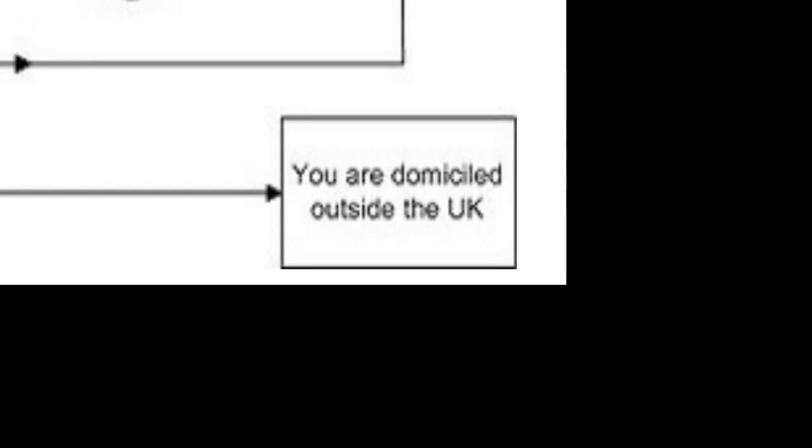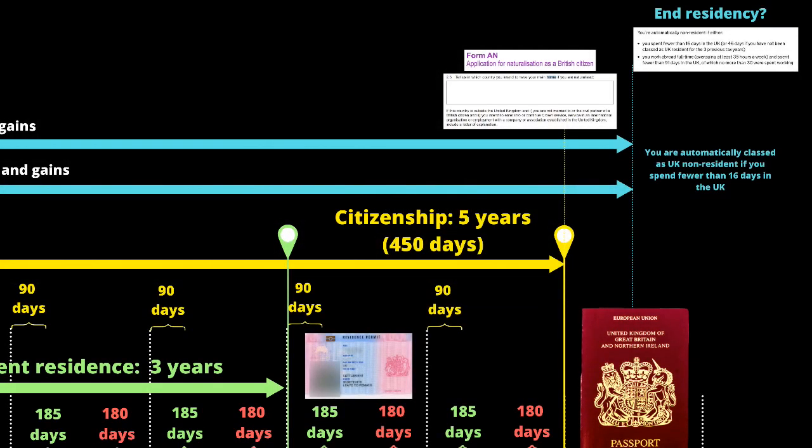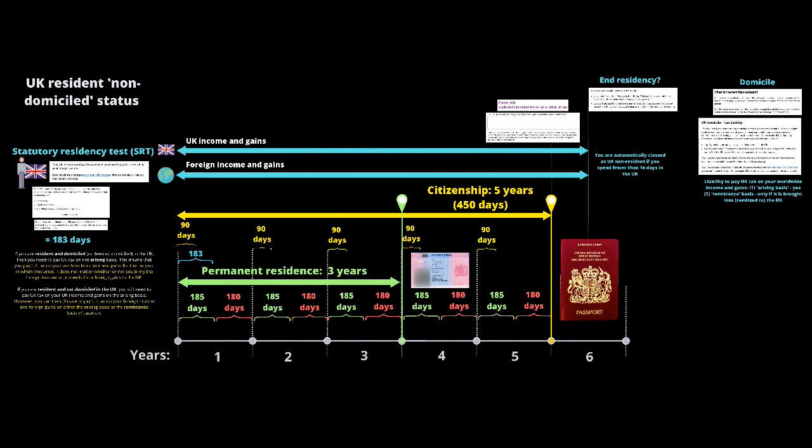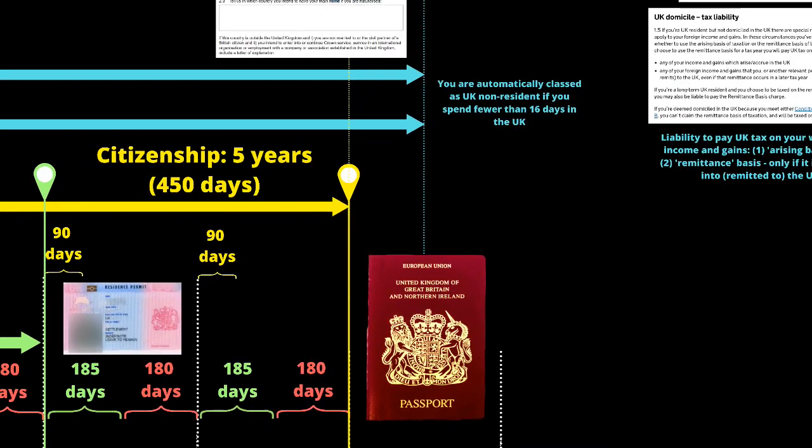So you can see here that it is possible to go through this journey and maintain non-domiciled status, UK non-dom status as it's abbreviated. But you need to be careful when you're completing the applications for permanent residence, as I use it as an abbreviation for indefinite leave to remain, and when you're naturalizing.